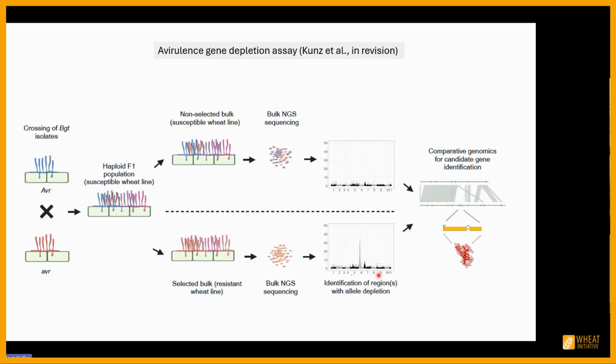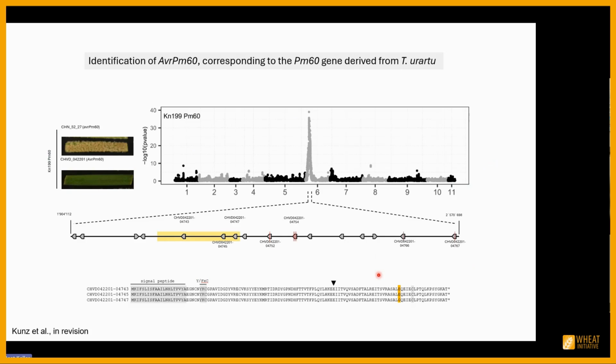And so we used that approach to test first on the PM60 gene, which was cloned from Triticum urartu a few years ago. We used transgenic lines with and without this resistance gene, and then we made this depletion assay, and this identified one single genetic locus which was depleted.